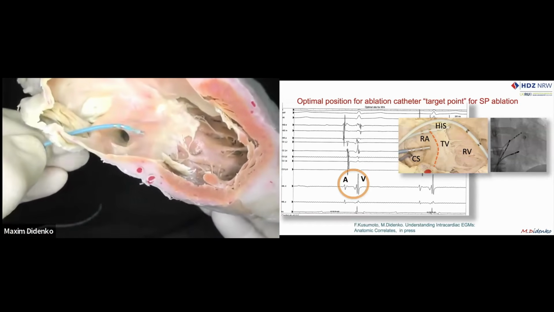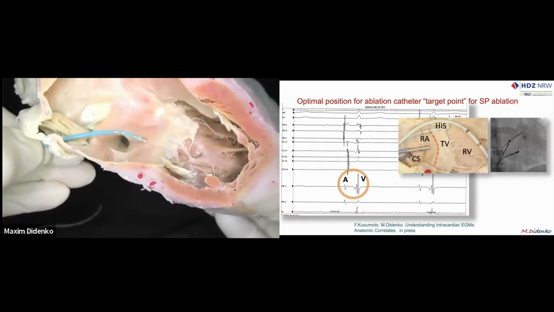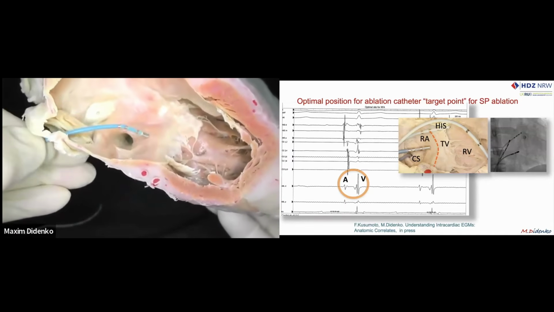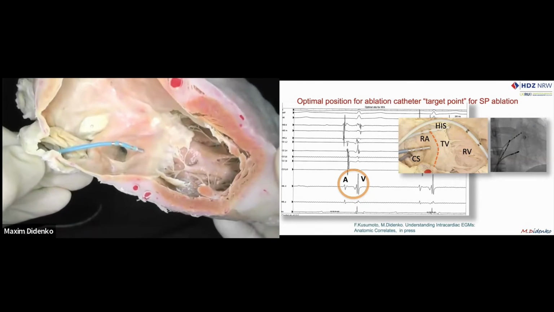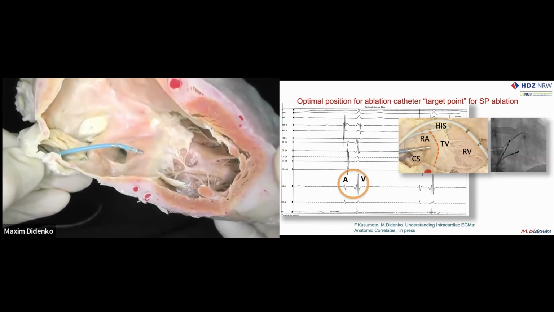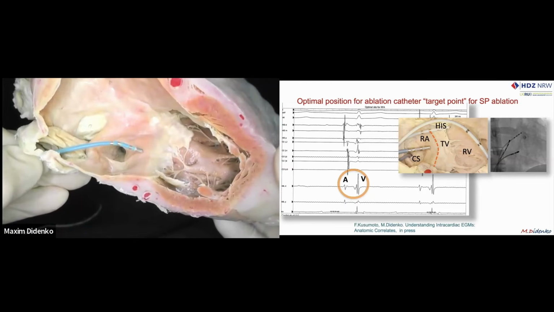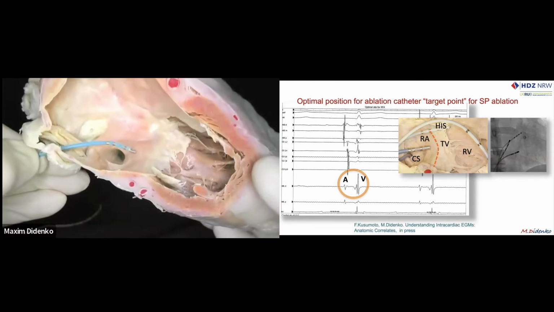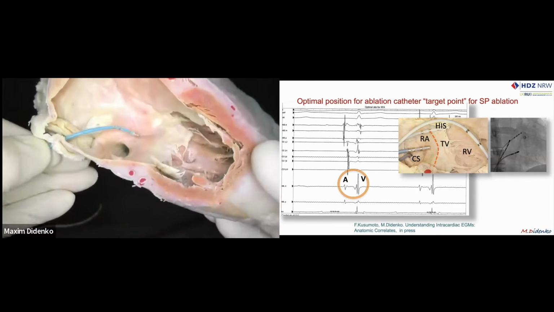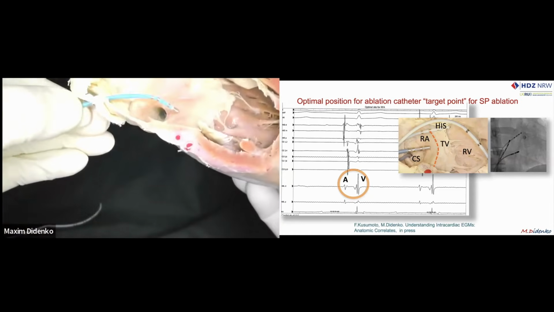And what is here? So this is the atrium tissue, yeah? And what is the tissue just below this atrium? It's the posterior inferior recess of the left ventricle. Perfect. Absolutely right. Because this is specific only here.